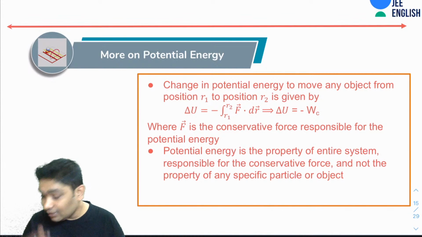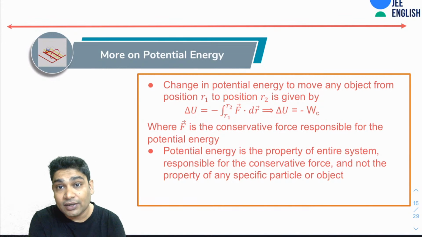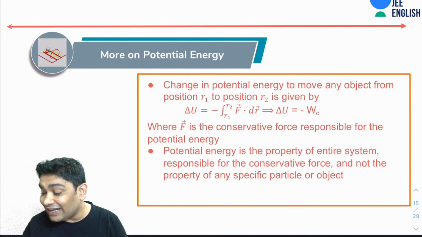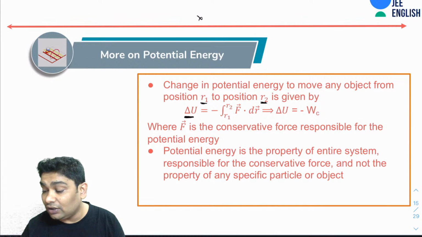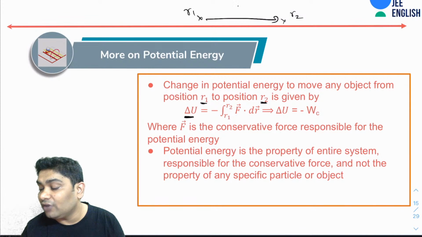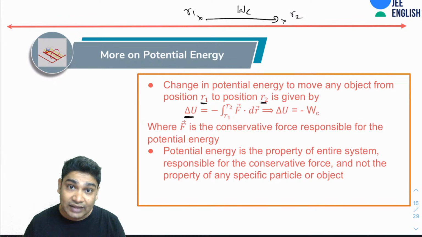As I was saying, we discussed earlier that whenever a conservative force does negative work, we say it stores it in the form of potential energy. So all I can say is that delta U, the change in potential energy to move any object from position R1 to R2, is defined like this. If in going from R1 to R2 my conservative force is doing work WC, then if the work was positive, my potential energy would have reduced by WC.